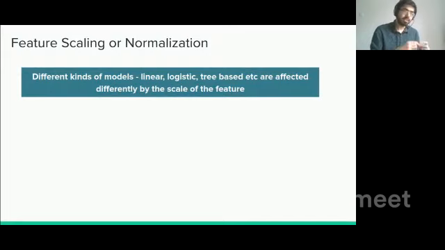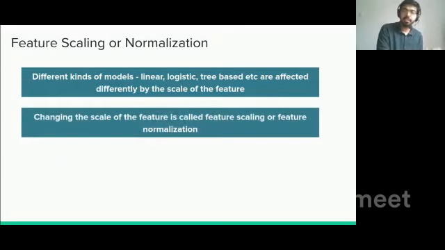The reason is that there are different kinds of models: linear models, logistic models, tree-based models. All of these have their own way of forming decision boundaries, and they're therefore affected differently by the scale of the feature, right? Changing the scale of the feature is called feature scaling or feature normalization.